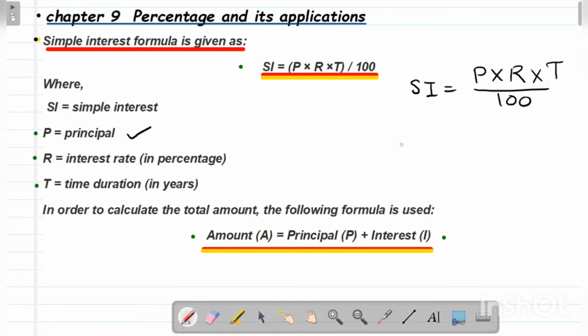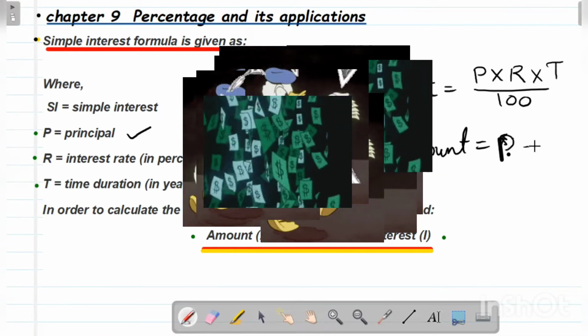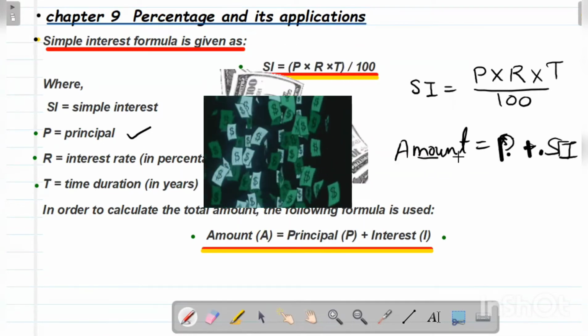Okay, and one more concept is there, that is amount. What is the amount? What is the final total money which we are going to repay to the particular bank? So that is nothing but your principal, whatever money you have taken, plus that is your interest, whatever you are giving to the bank. So that is called as amount.